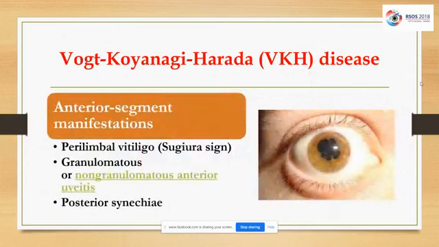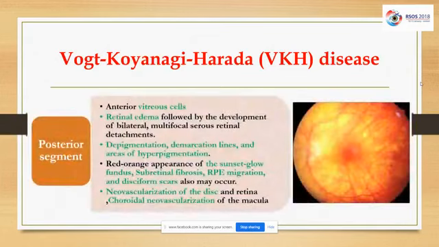The anterior segment manifestations in the eye include perilimbal vitiligo, which is called Sugiura sign, and granulomatous or non-granulomatous anterior uveitis with posterior synechiae. The posterior segment can have many findings, including anterior vitreous cells, retinal edema followed by the development of bilateral multifocal serous retinal detachment, depigmentation, demarcation lines and areas of hyperpigmentation, red-orange appearance of the sunset glow fundus, subretinal fibrosis, retinal pigment epithelium migration, and disciform scars may also occur.